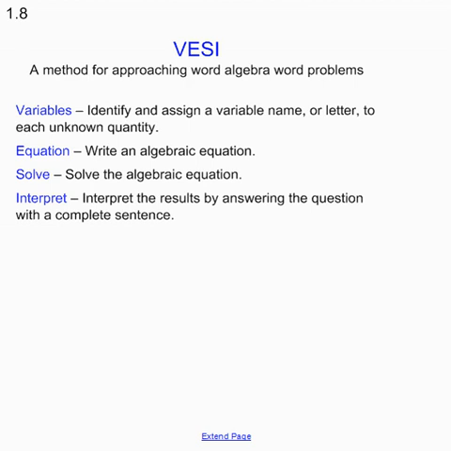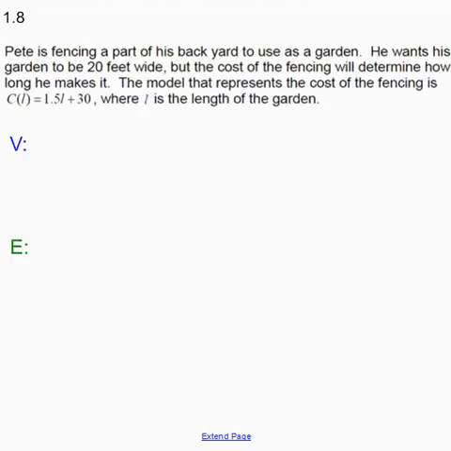When you get to more complicated problems, sometimes when you start writing out the sentence, you realize, oh, I'm not quite finished yet, because that's not what I was asked for. So we're going to do this example. Pete is fencing a part of his backyard he uses a garden. He wants his garden to be 20 feet wide, but the cost of the fencing will determine how long he makes it.